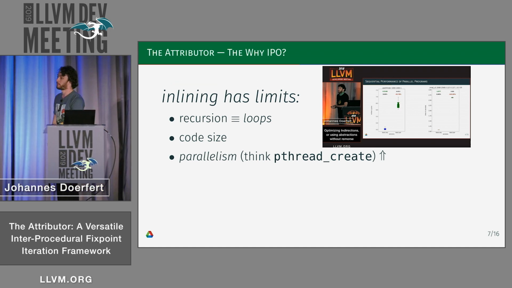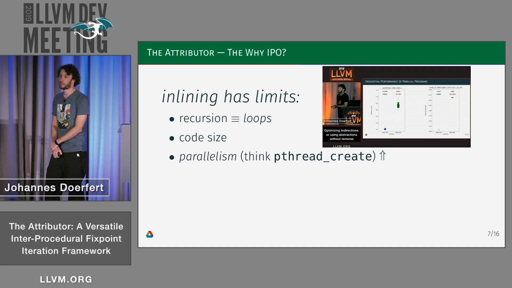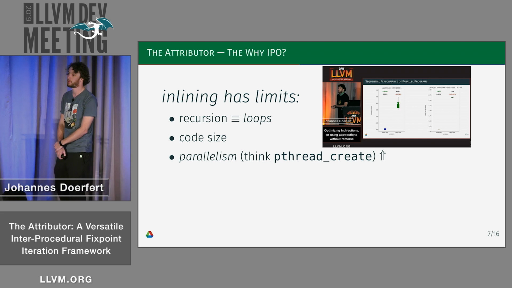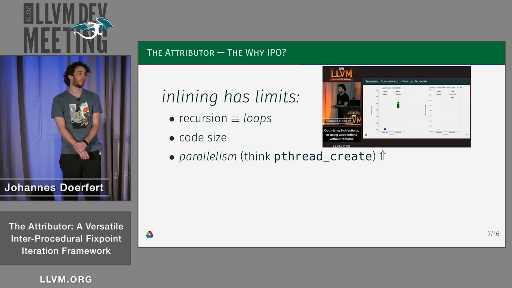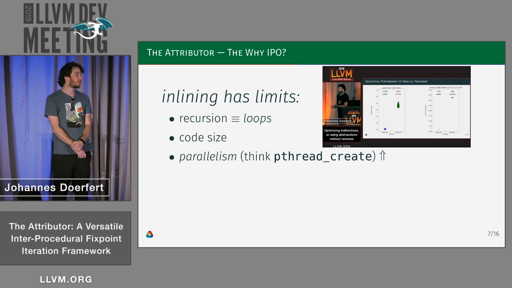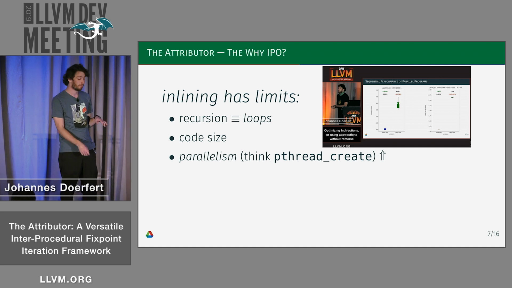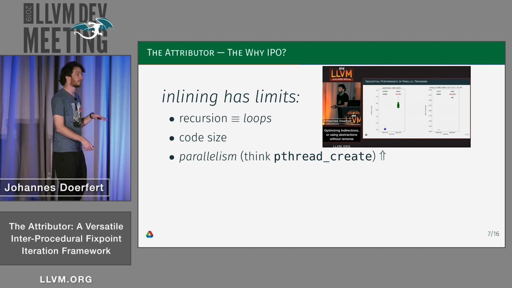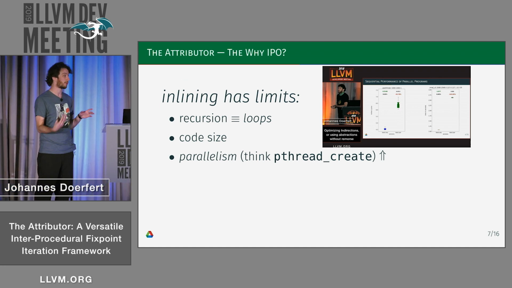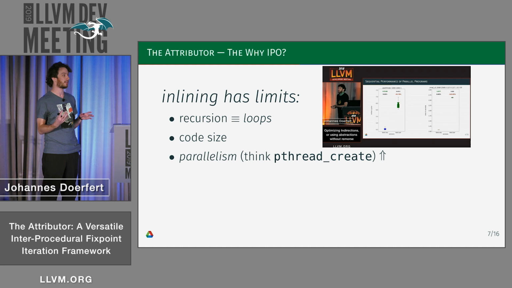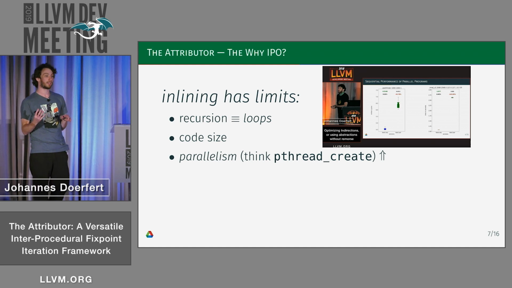Then parallelism. If you've been here last year, I gave a talk about how you can use interprocedural optimization to improve performance of parallel programs. In fact, that abstraction that I talked about in that talk gets rid of all the overheads that parallelism introduces, like the overhead that function outlining introduces, and it is built into the attributor.